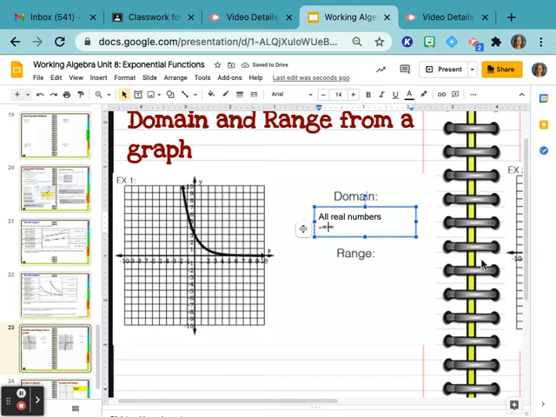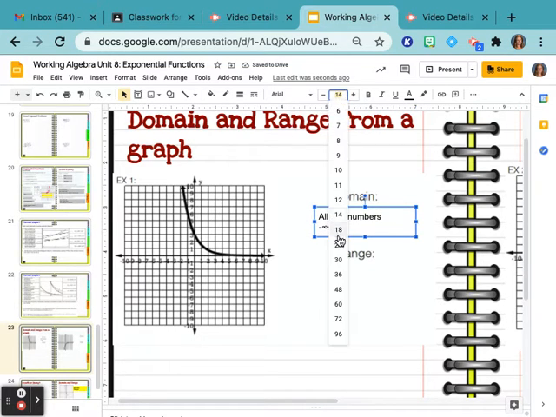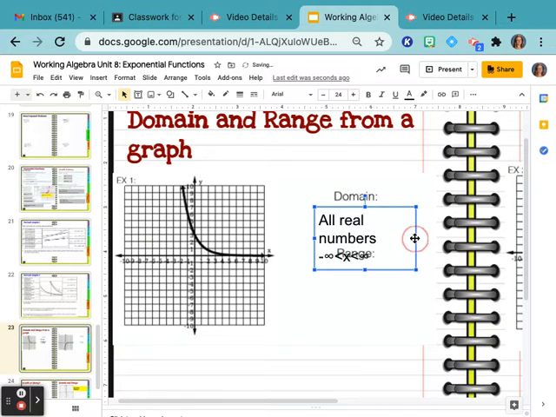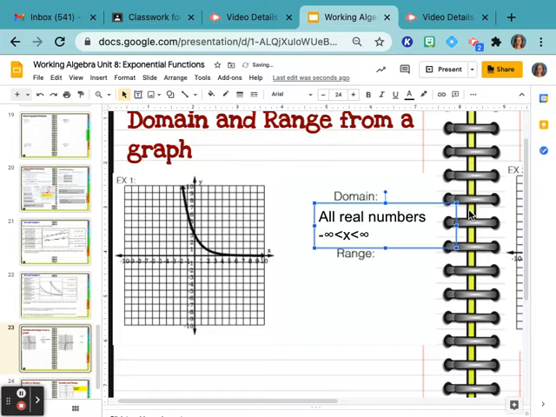So negative infinity is less than x is less than infinity. I'm going to make this a little bit bigger. Extend it out. There we go. So those are two ways to represent your domain.